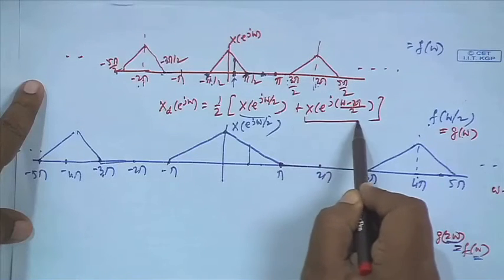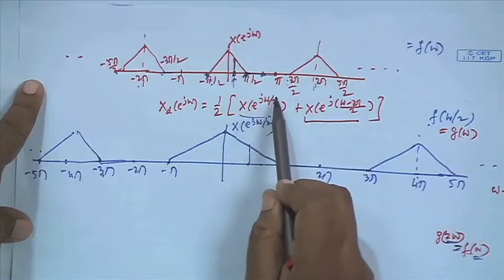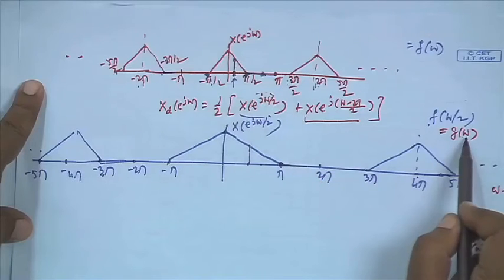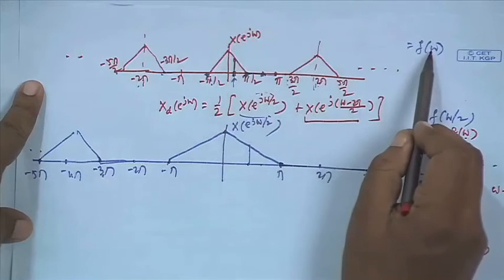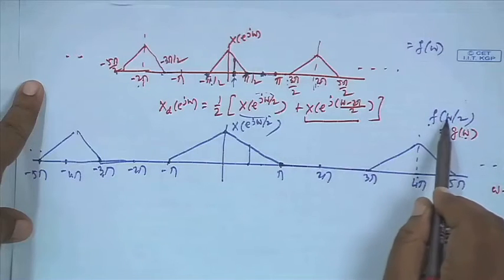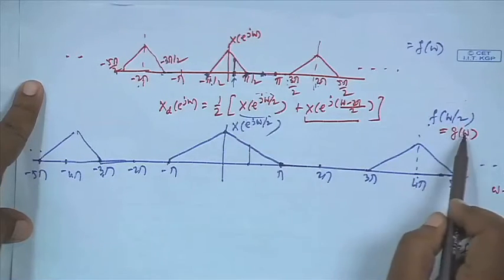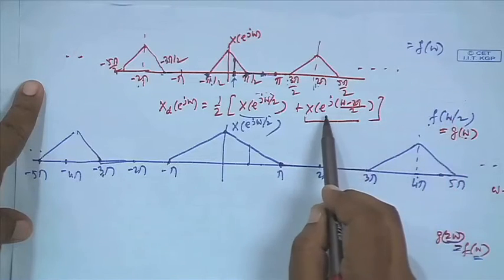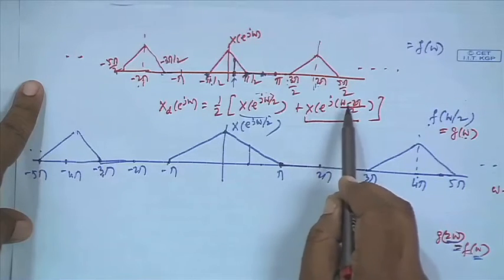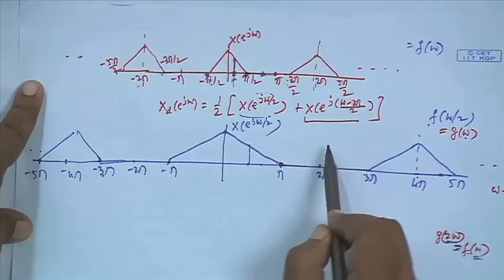How about this function? If I call this g omega, because X e to the power j omega was f omega, what is g omega? f of omega by 2. That is X e to the power j omega by 2. That is g omega. Then how about this X e to the power j, instead of omega, omega minus 2 pi, by 2?